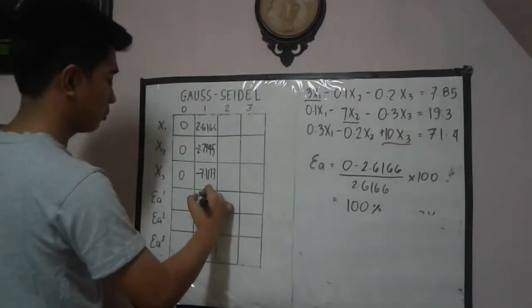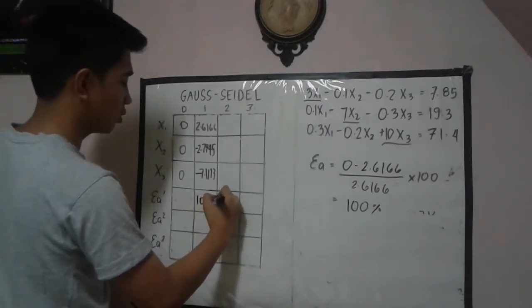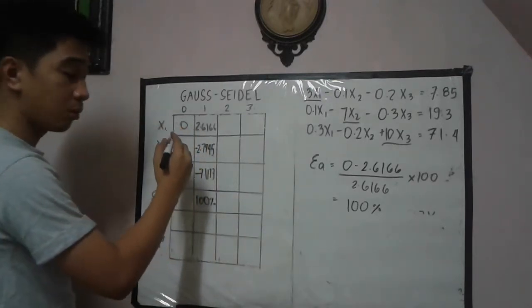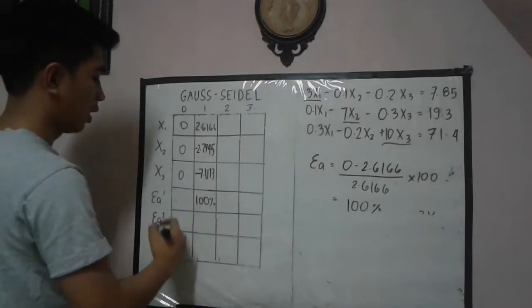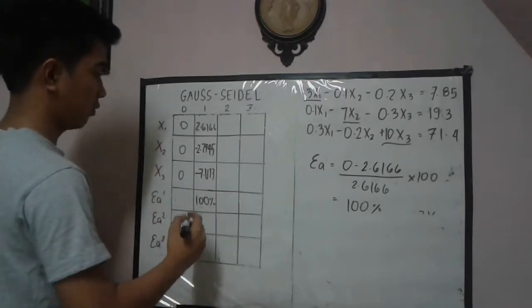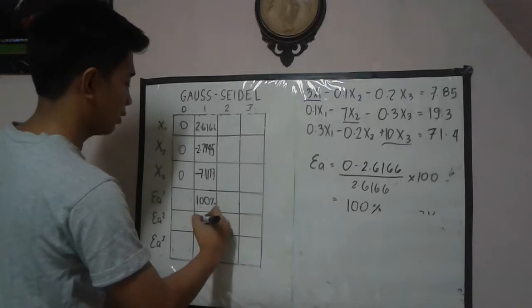Since we started from initial values of 0 for all of our unknowns, our percentage of error from the first iteration is all 100%.